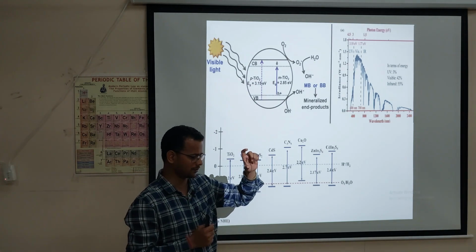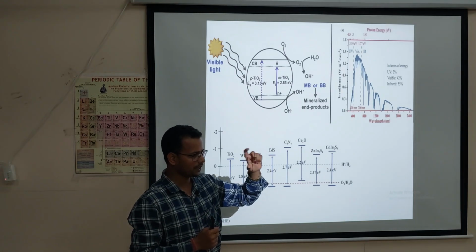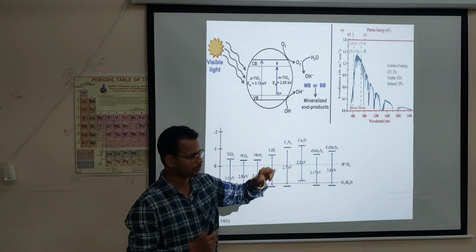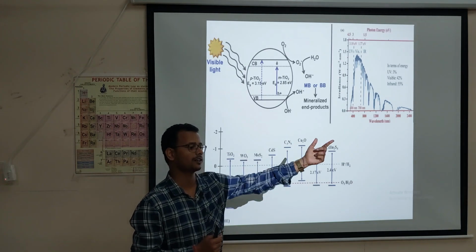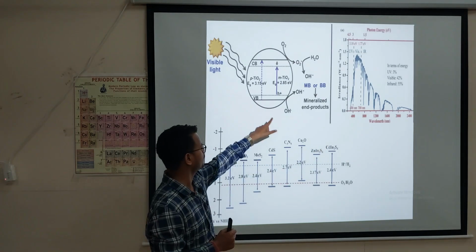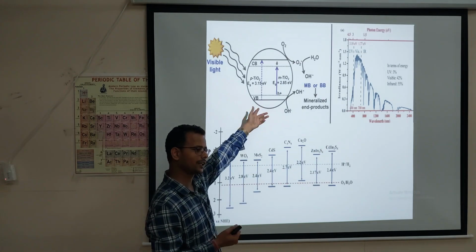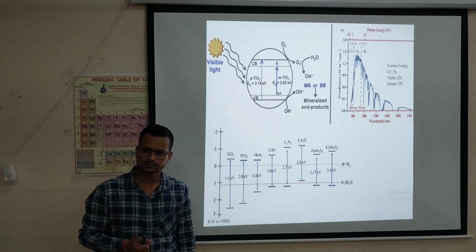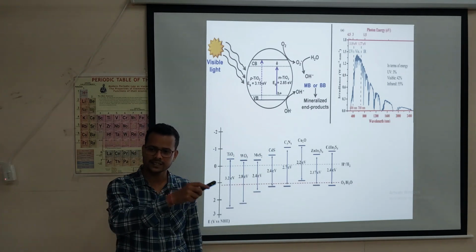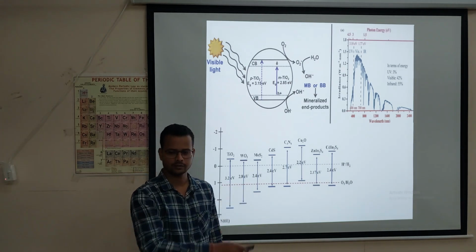In this period, while the electron is in the conduction band and before it returns, we have to use that electron, otherwise recombination will occur. Before the electron reaches the valence band again, we have to use it.